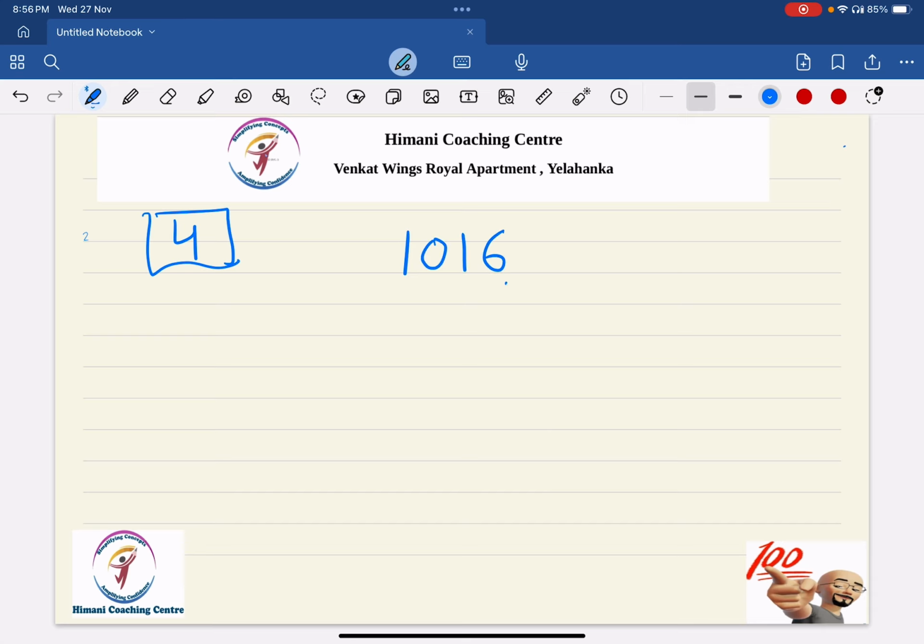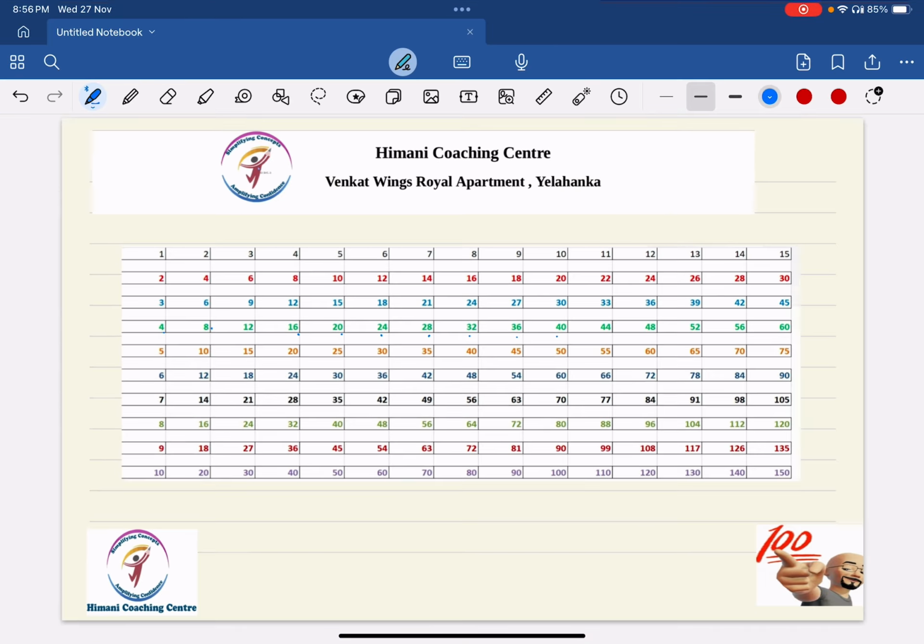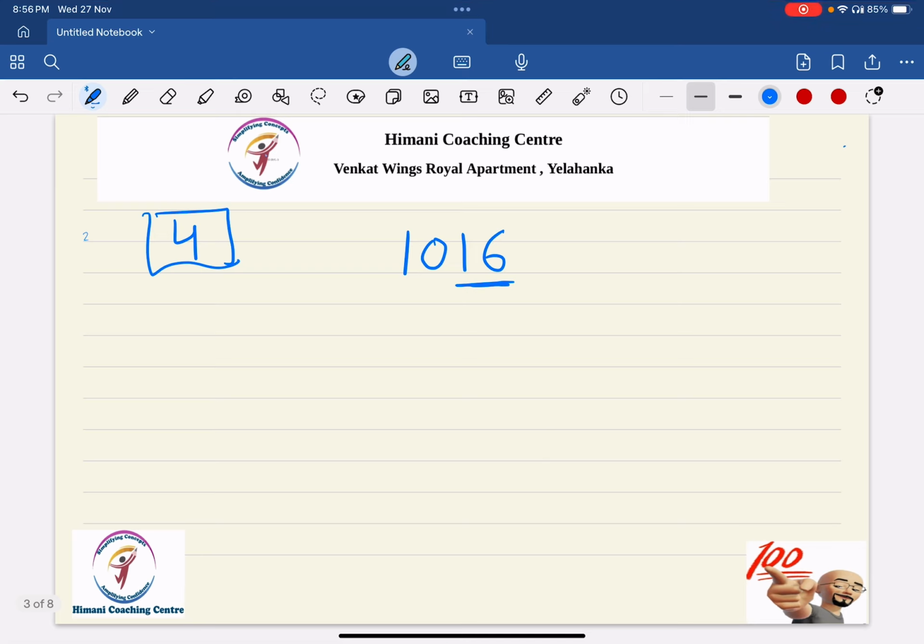So right is from here. First two numbers, so what is it? 16. So check if 16 comes in the table of 4, and you will find yes, it comes. So if these two digits, which we can say are the last two digits of the number, are divisible by 4, then the number is divisible by 4.